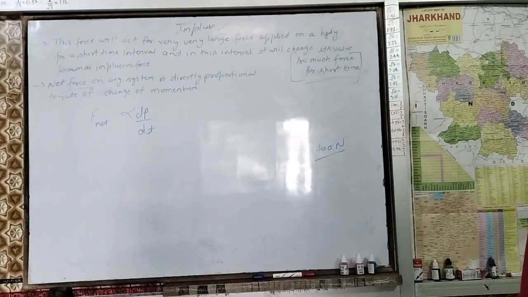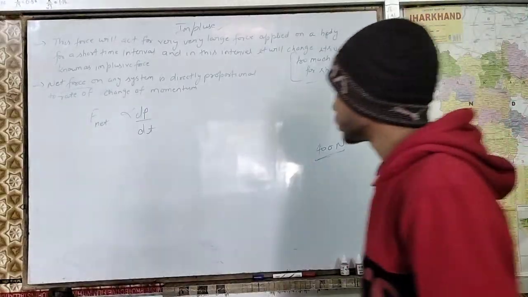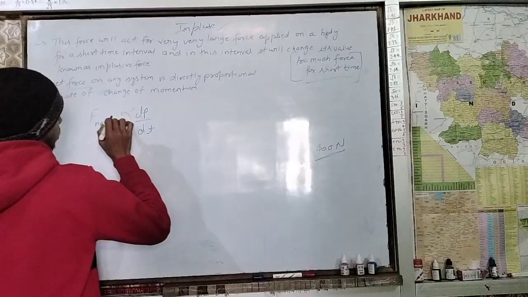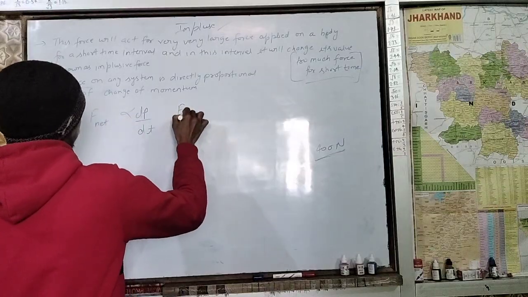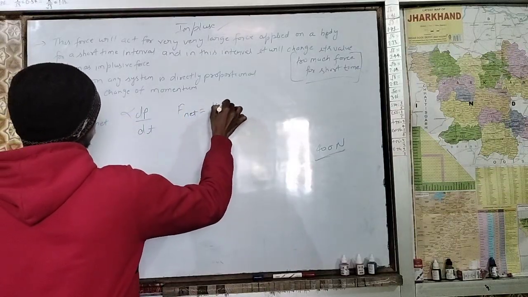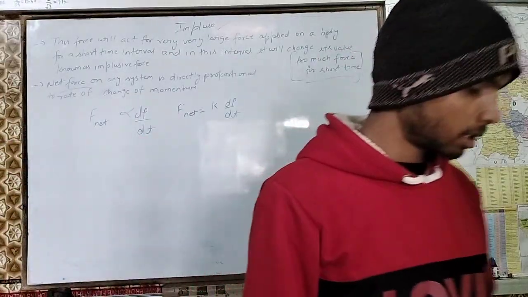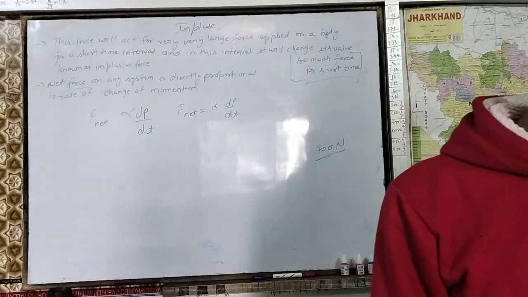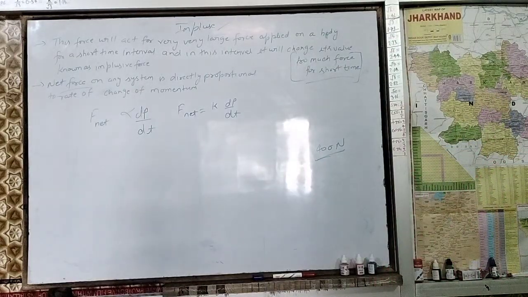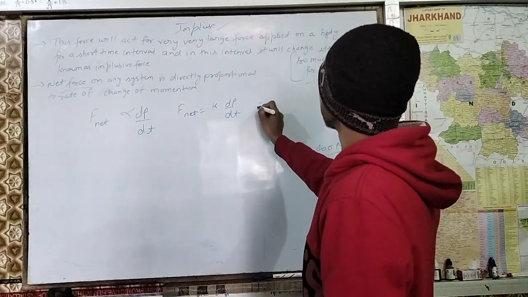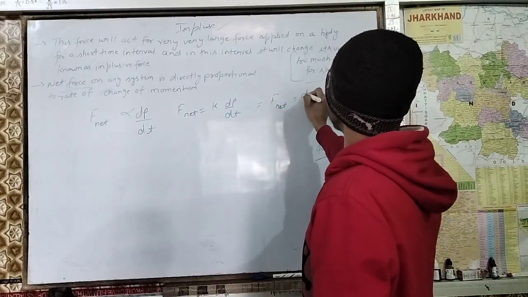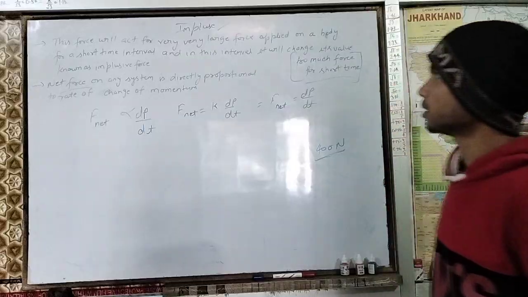When we remove the proportional sign, an equal sign will come with a constant k. F net will become equal to k dP upon dt. K is a constant, and we can remove it by putting its value as 1. So finally F net will become dP upon dt.